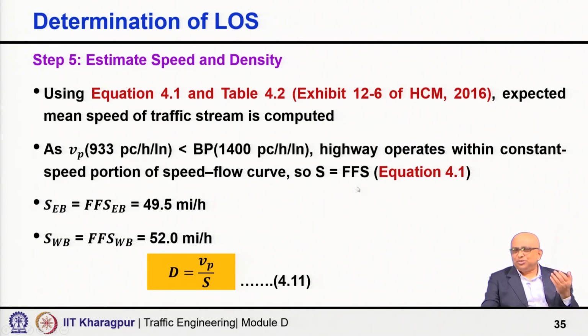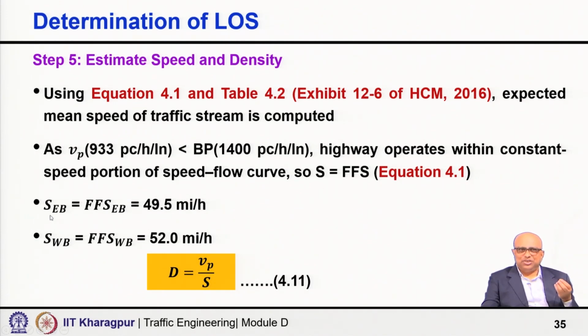Therefore, speed will be the same as free flow speed, because the equivalent demand flow rate under ideal conditions is less than the BP value. BP for a multi-lane highway is fixed at 1400. Earlier, for freeway, we had to calculate this, but here it is fixed at 1400. So, it is less than BP, and we know that speed will be equal to FFS.